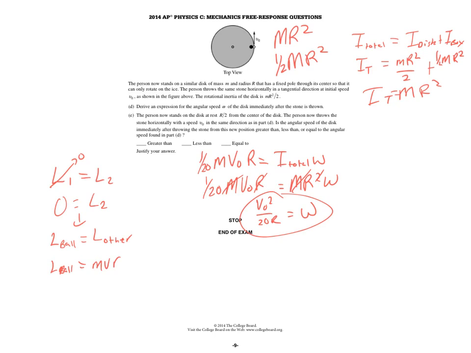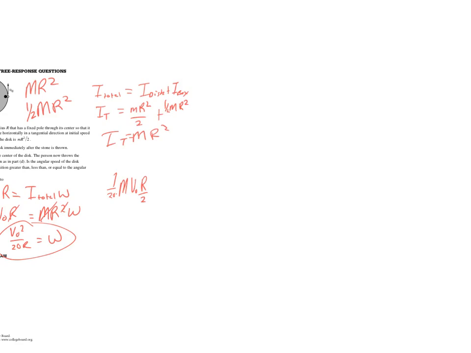And then finally, we need to figure out what happens if the boy changes his position. If the boy changes his position, that's going to change the radius on both the boy and the ball. So for the ball, it's now going to be 1/20th m v naught r over 2, because that's where it's leaving from now. It's also going to change our total moment of inertia.